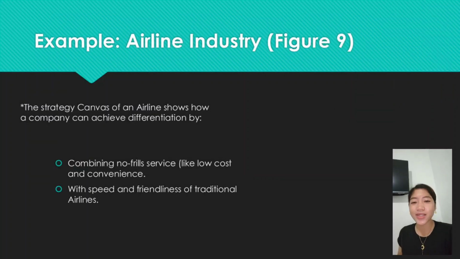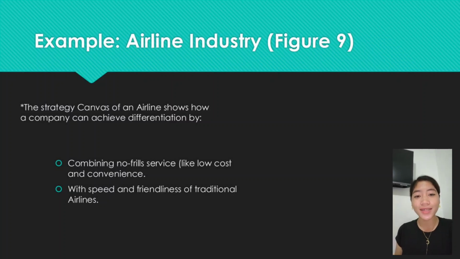The airline industry. This shows how the strategy canvas works in the airline industry. For example, Southwest Airlines offered low-cost flights with friendly service. They removed expensive services like free meals and lounges but raised reliability and speed.